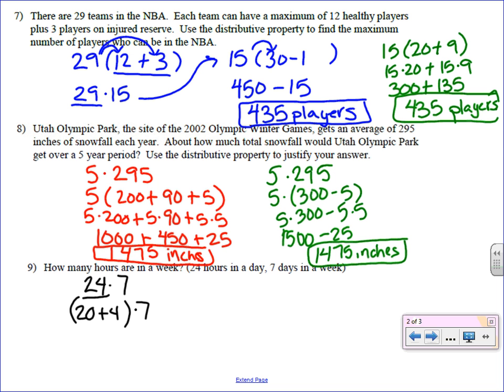And the number can be on the back or the front for the distributive property. So we still have 20 times 7 plus 4 times 7. 2 times 7 is 14, so 20 times 7 is 140. 4 times 7 is 28. So there are 168 hours in a week.